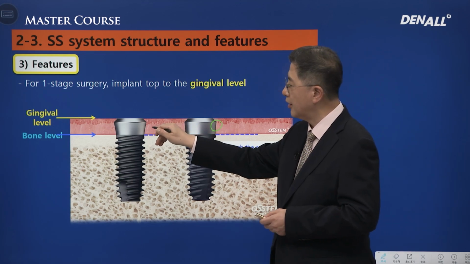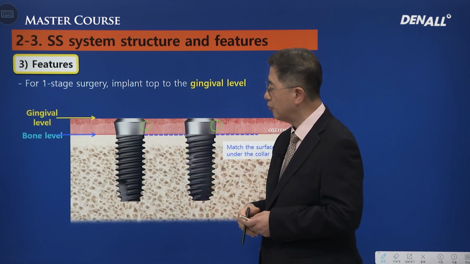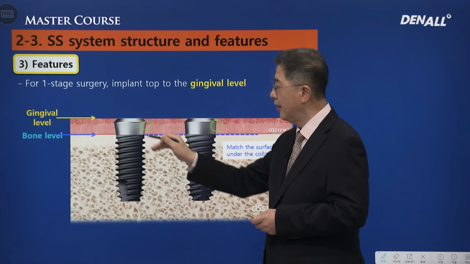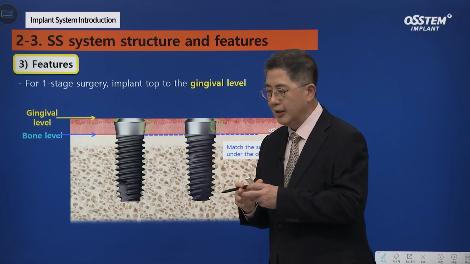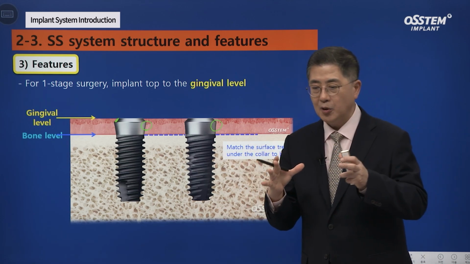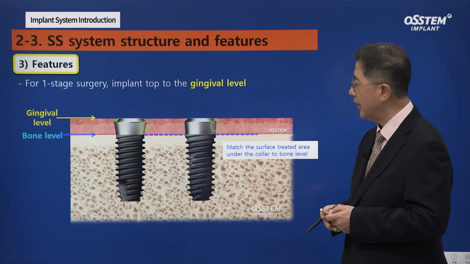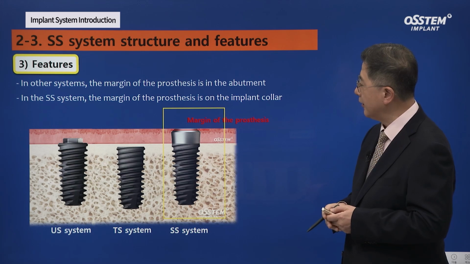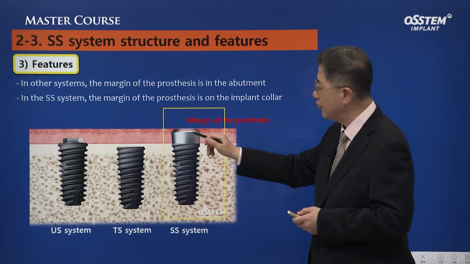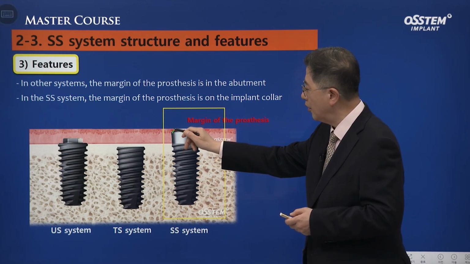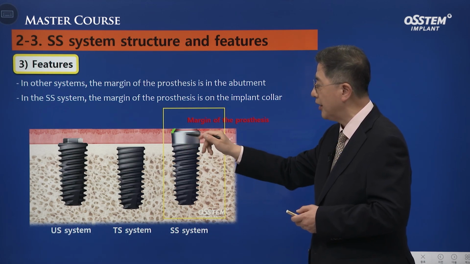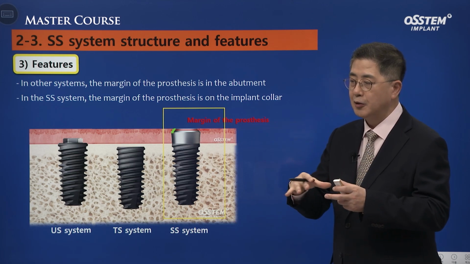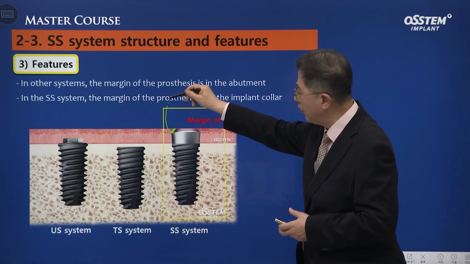The machined surface area goes to the gingival side. If possible, this implant should also be placed slightly deeper, and the abutment can be fabricated using CAD/CAM or Conocta Plus. As for the SS implant, unlike other implants, the bevel area of 0.65 millimeters is in contact with the abutment or the prosthesis that goes on top.